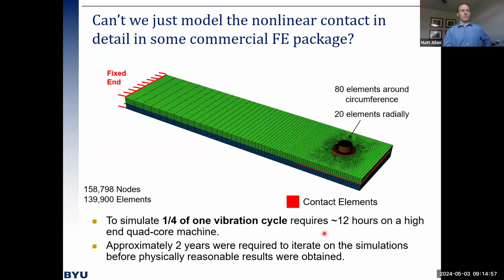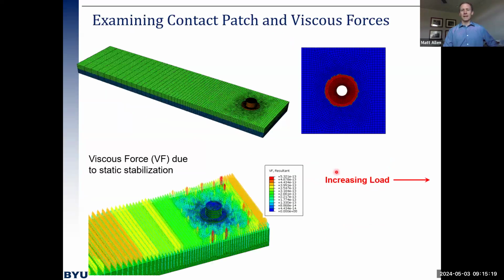But I wanted to point this out because that 12 hours number is not the whole story. Me and some bright students spent 2 years working on the simulations before we actually got physically reasonable results. Why did it take so long? Probably because I'm not very smart, but there were some good reasons, hopefully.